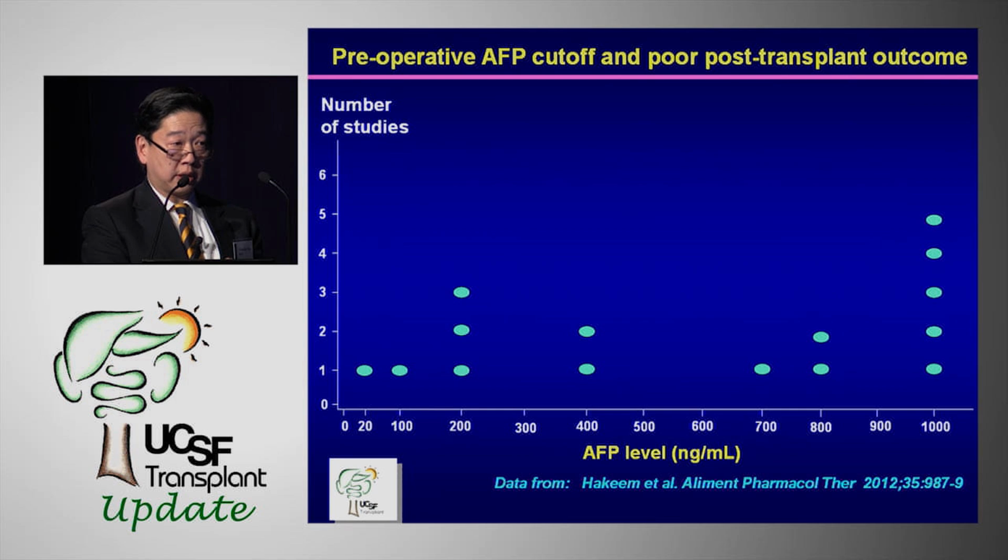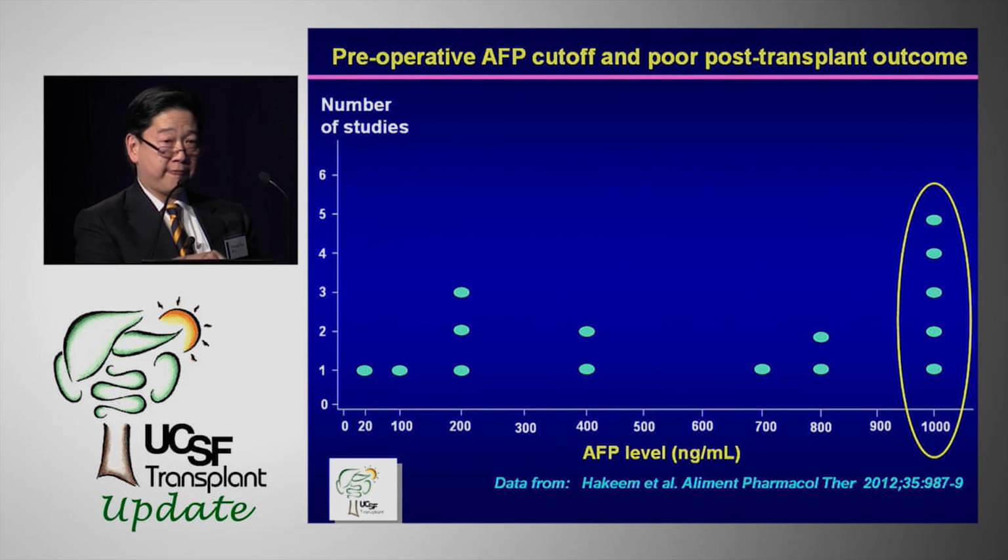A lot is being done, but up to this point, AFP is the only marker that has been shown to reflect tumor biology, and generally the higher the AFP, the worse the outcome. You can see the cutoffs here that predict worse outcome. It's all over the map. It ranges from as low as 20 to about 1,000. And there seem to be a few more studies that support using a cutoff AFP of 1,000 to predict prognosis.